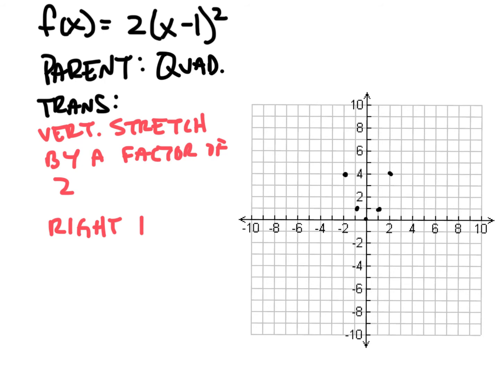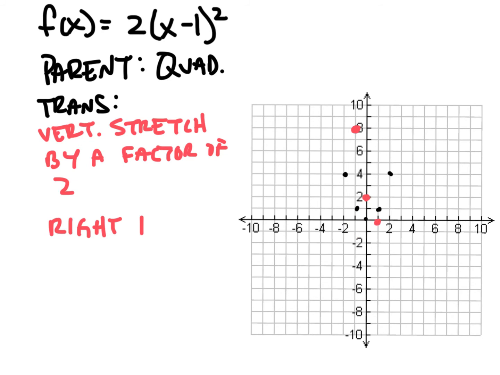Each of these y values has been multiplied by 2 and then shifted right 1. So here this 4 becomes an 8 and then shift it right 1. The 1 gets multiplied by 2, so 2, and then shift right 1. 0 multiplied by 2 is 0, shift right 1.